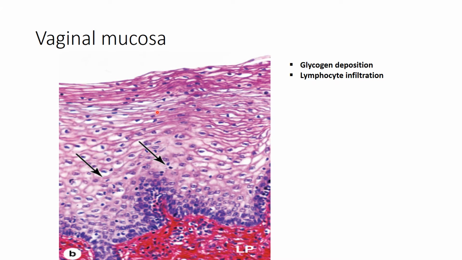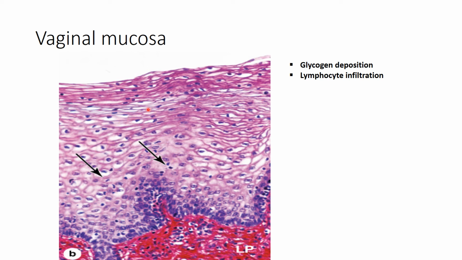Now this is the high power view of the vaginal mucosa, and one can appreciate the vacuolation because of glycogen deposition. This glycogen deposition is more evident if we stain with the iodine impregnation method, iodine containing stains. Otherwise, in the HE stain, they appear as vacuolated portions.